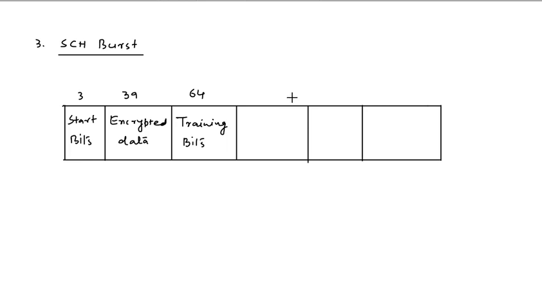Next we have again 39 bits, again your encrypted data, another chunk of data that can be transmitted. After that you have 3 bits, called the stop bit field. And then finally you have 8.25 bits, which is your guard period.